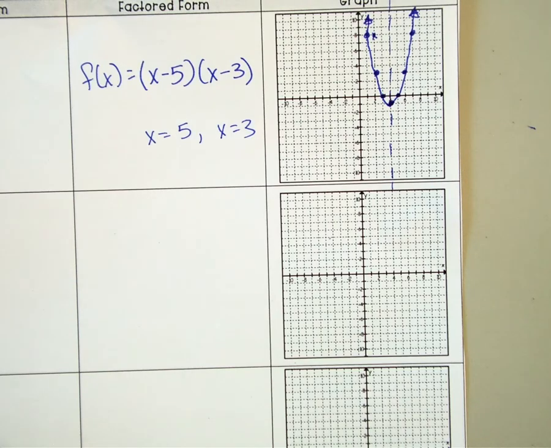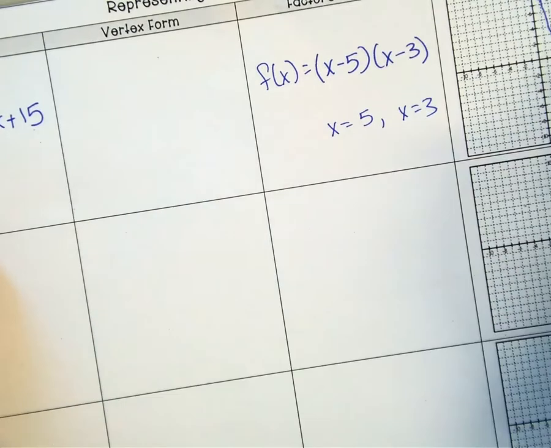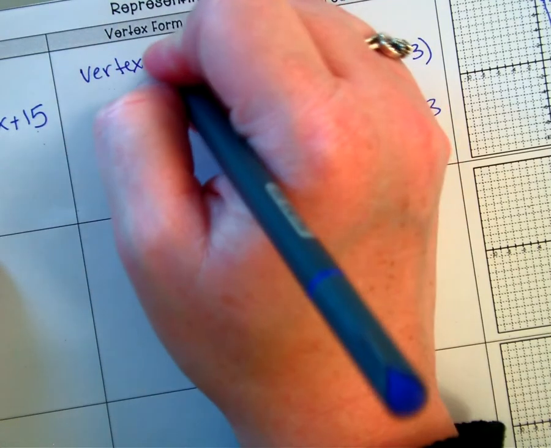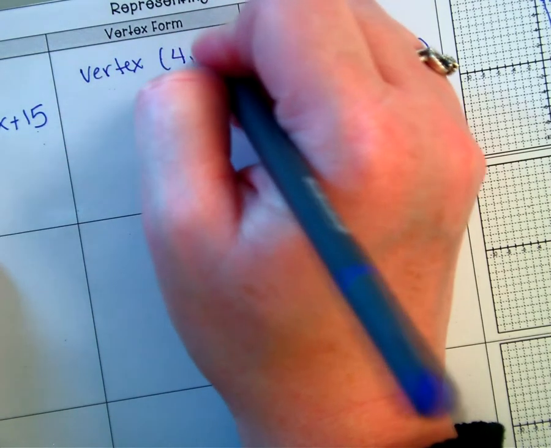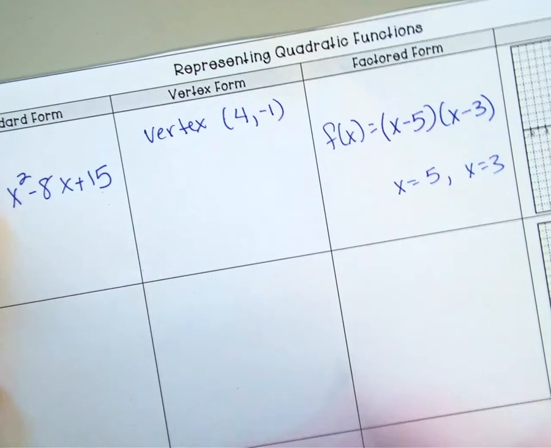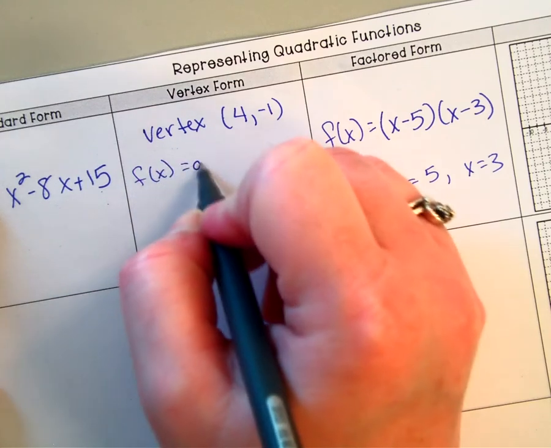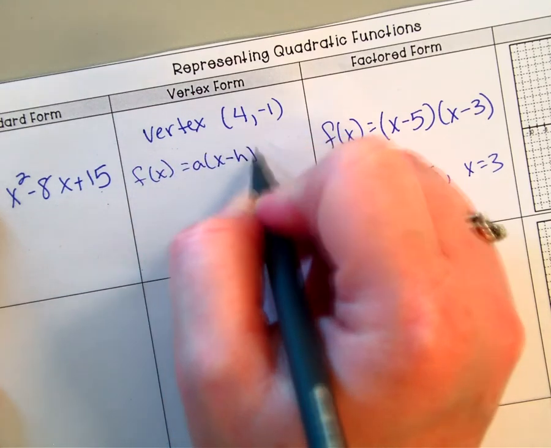So I can always use that factored form to give me my 2 roots, figure out where my roots are within my parabola pattern, and then I can graph my parabola. So here I have a vertex at 4, negative 1. So my vertex form, which is a times x minus h squared plus k.